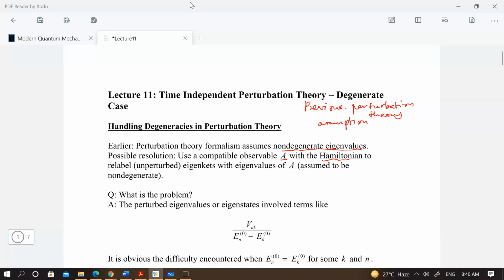In that case, that would resolve the problem with respect to labeling the states of your physical system.